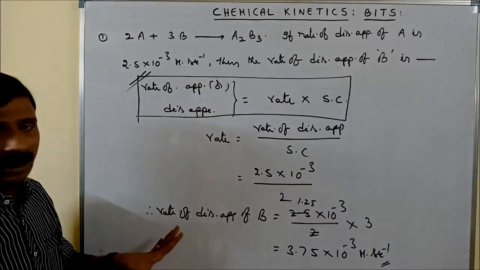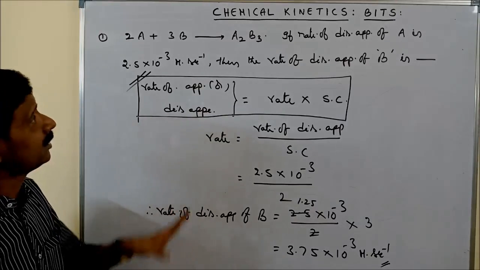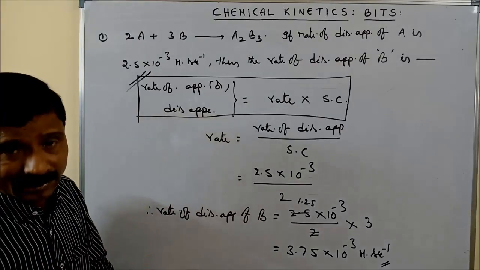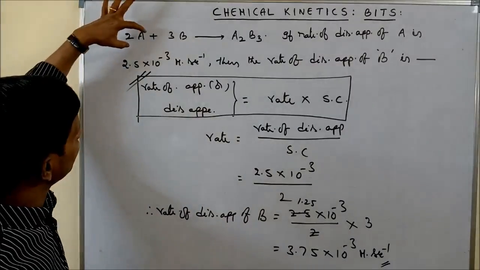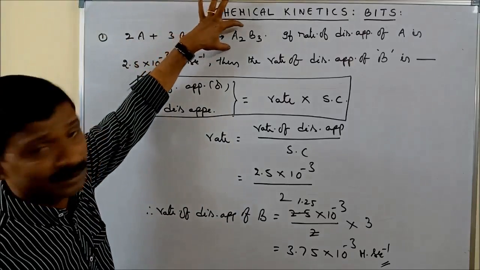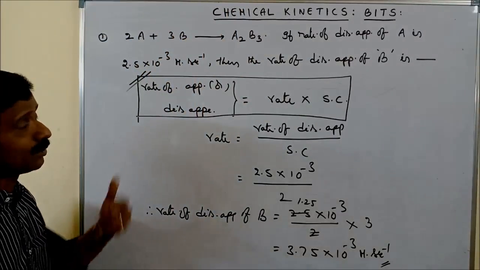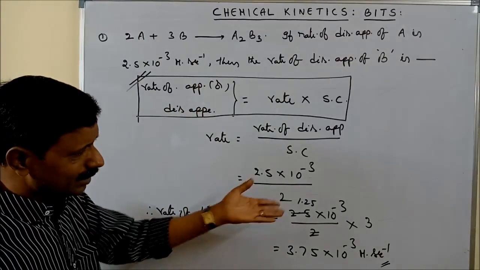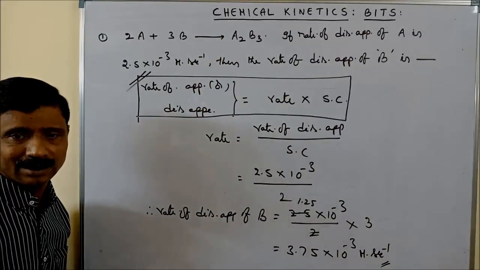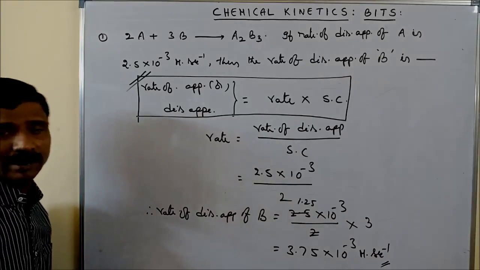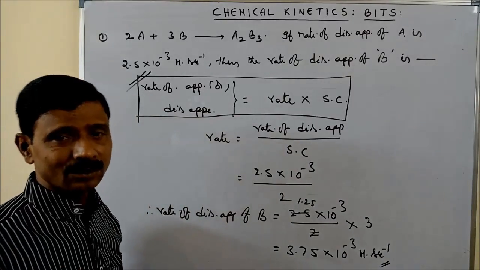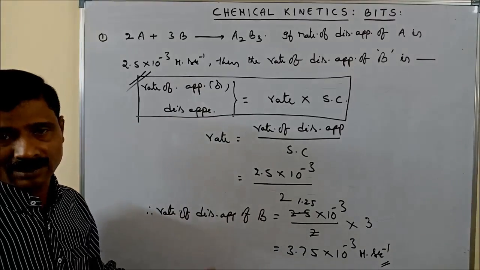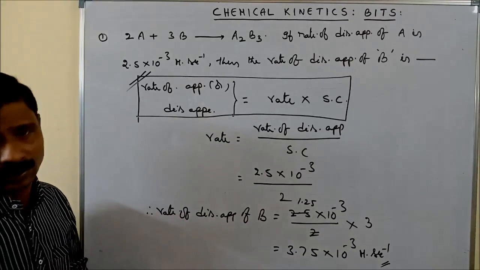Means they give the disappearance of one substance and ask for the disappearance of another. Or otherwise, they will give the disappearance of A and ask for the appearance of A2B3. Then the rate of appearance is nothing but rate into its stoichiometric coefficient. So first observe the balanced equation, and by using those stoichiometric coefficients, you have to find the required value. So this is one model.